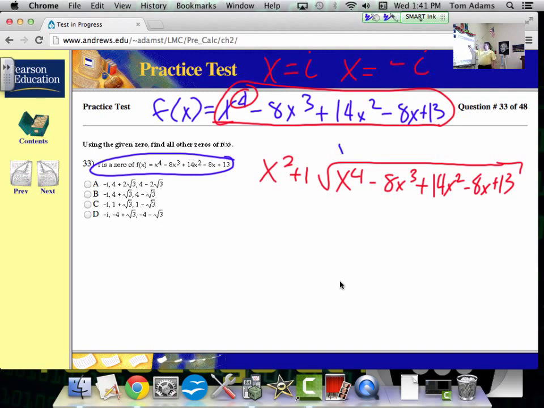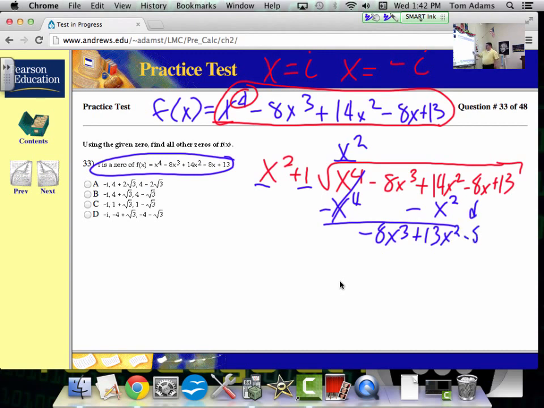What's the something? I multiply this by this, and I get x squared. Multiply this by this, and I get x to the 4th. Now what do I do? Subtract, these cancel, and I get negative 8x cubed plus 13x squared. And I'll probably have to drop this down, minus 8x.